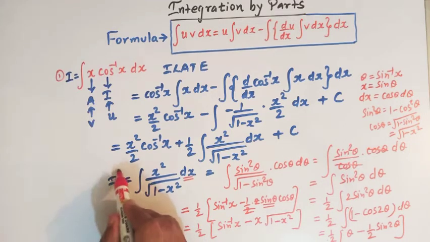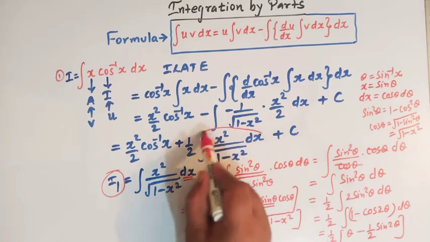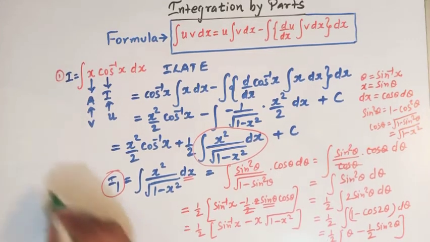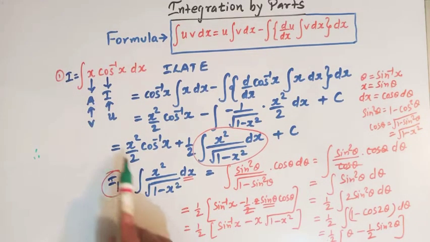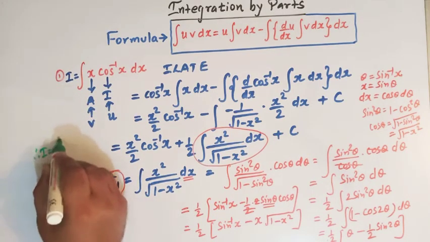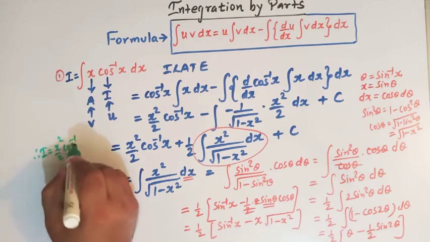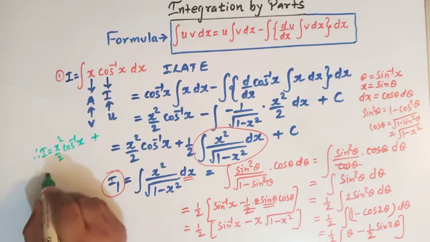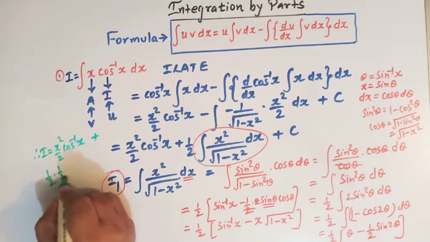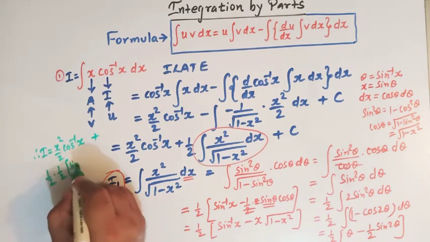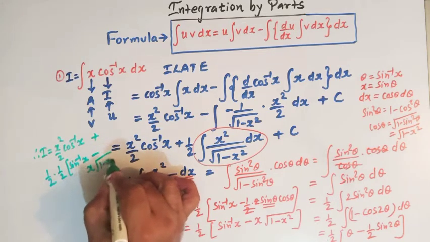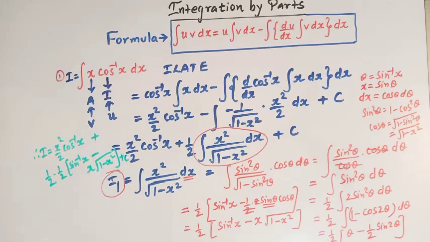Now substituting this value here for this integral, therefore the value of this integral I is equal to x square by 2 cos inverse x plus half times this integral, and this integral is half sine inverse x minus x times square root of 1 minus x square, plus c, right?